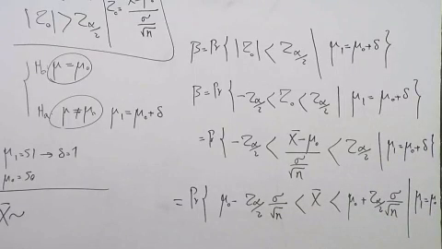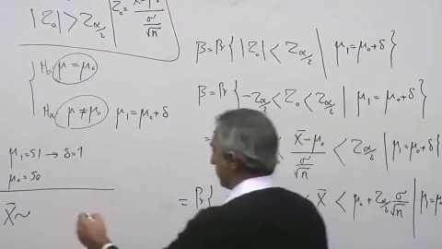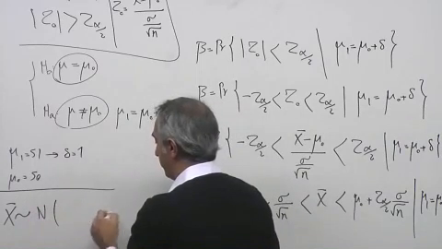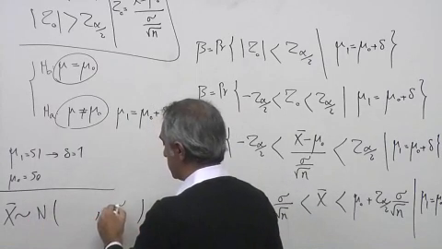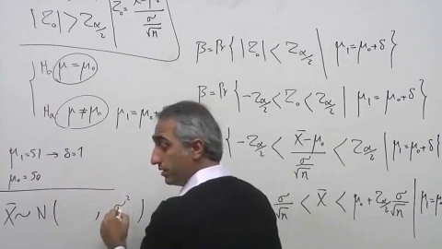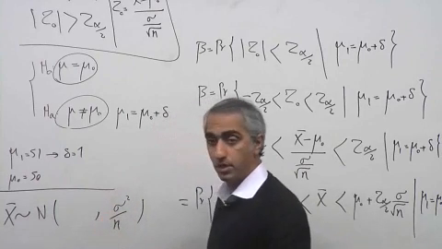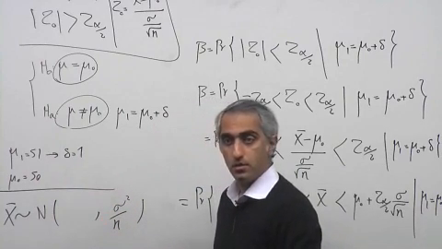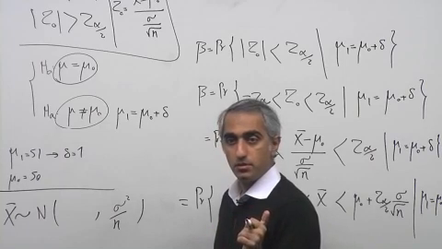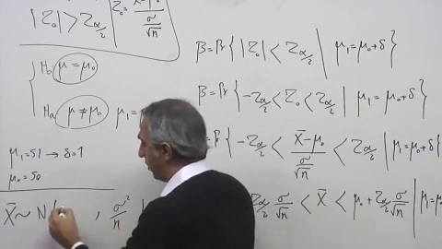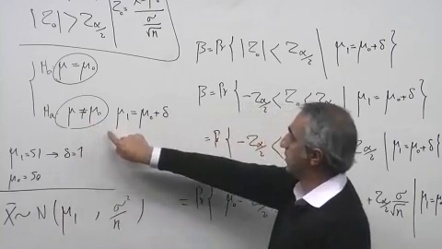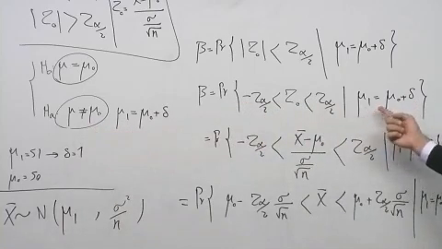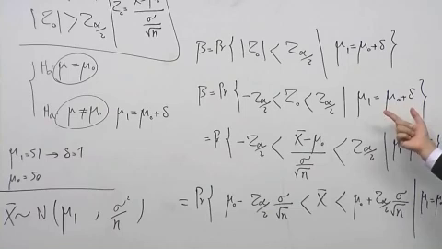It is normal, with what and what? The variance is sigma squared divided by n. How about the mean? Mu1, mu0, which one? It's going to be mu1. Why? Because we said mu is mu0 plus delta. So H null is not true, so mu is mu1.